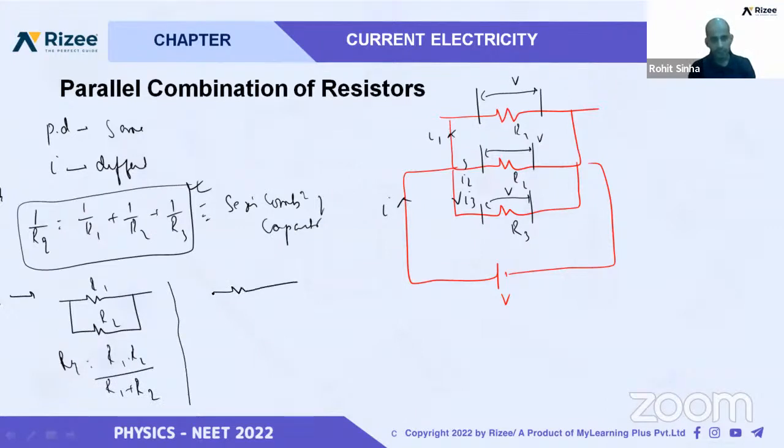Second, if we are having N resistors, each of value R, and so on, then their R equivalent is equal to R by N. Okay, should remember this value.